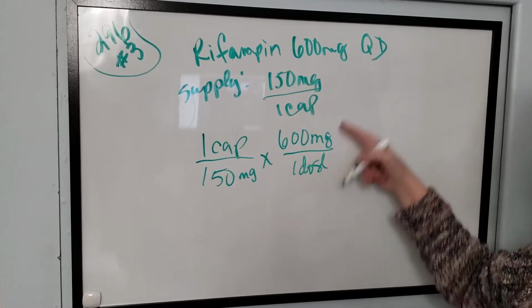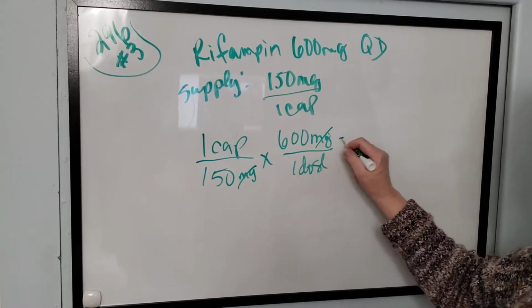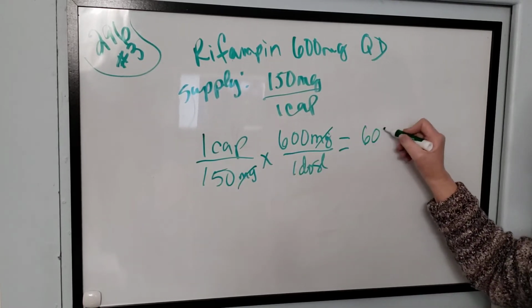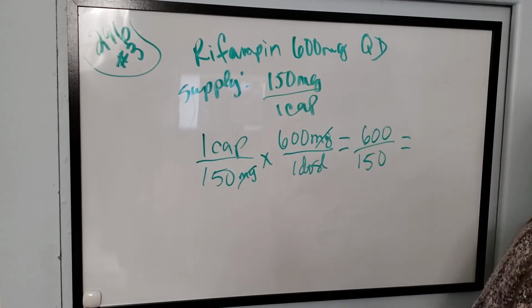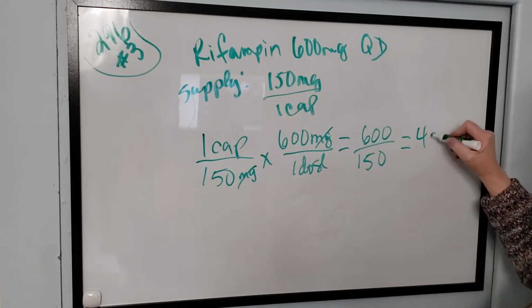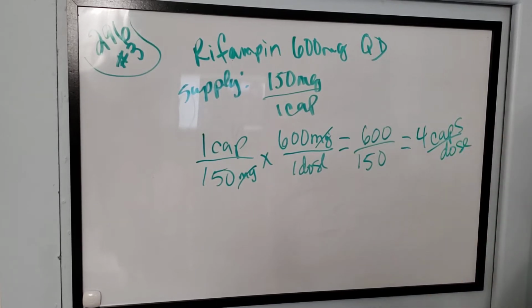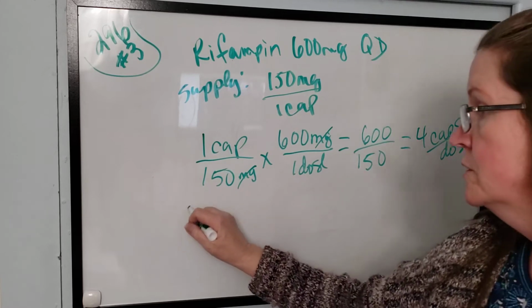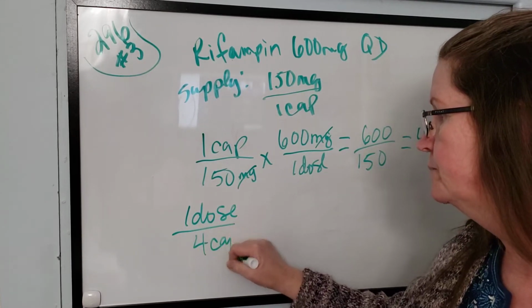And one dose is also 1 day because it's just once per day. So milligrams cancel, and I have 600 divided by 150. That's 4. And that gives me 4 capsules per dose.